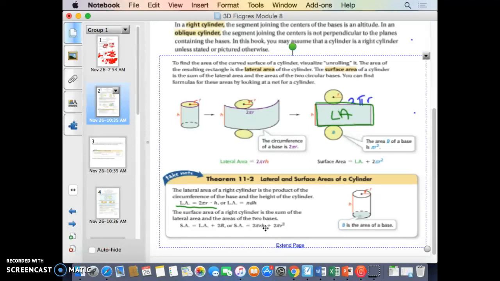And then for the surface area, you've got to add in the area of the two circles that make up the bases of the cylinder, and so that's pi r squared, and this one's pi r squared, so you're going to multiply that by 2, and that's where this formula comes in. All right, so let's go ahead and look at some examples where we're using these formulas.